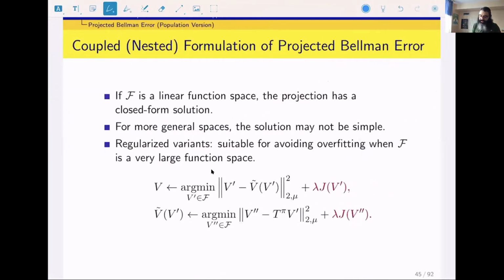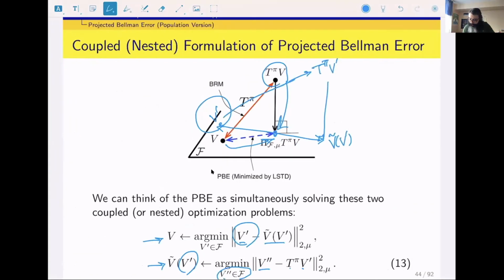One other thing is that this is the nested or coupled optimization formulation. As I mentioned, if f is a linear function space, then projection has a closed form solution. So we can find the solution of this second optimization in closed form, and then plug it back into the first optimization and solve the first optimization.